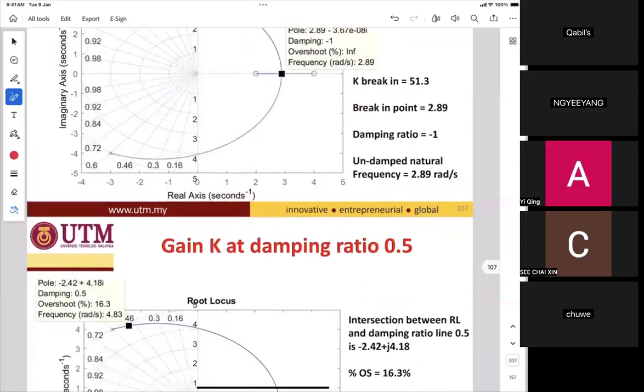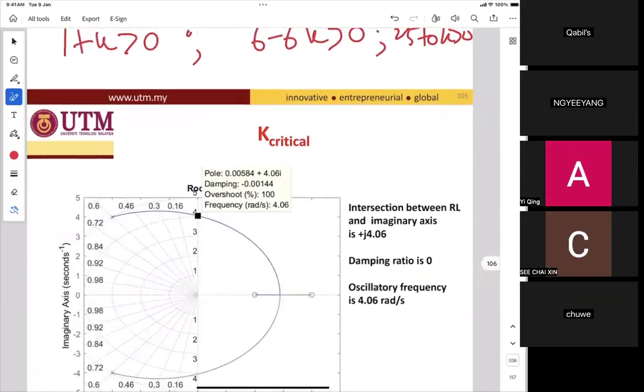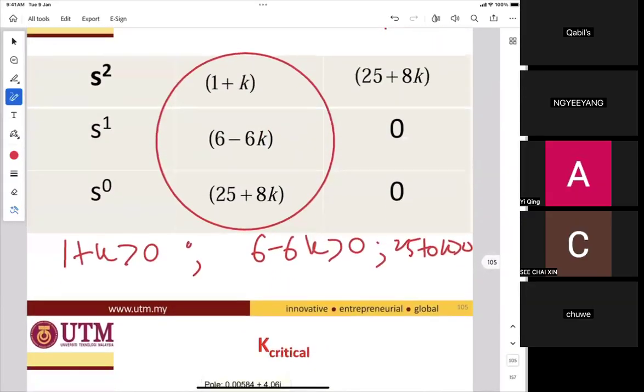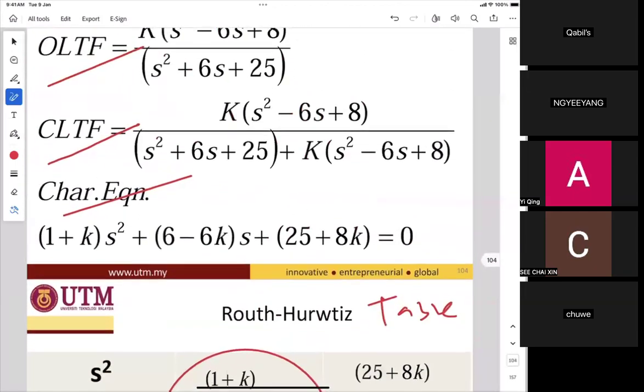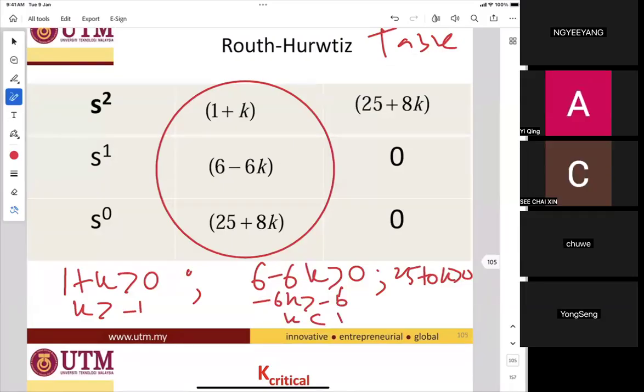Where is the gain? Can somebody calculate? What is the value?